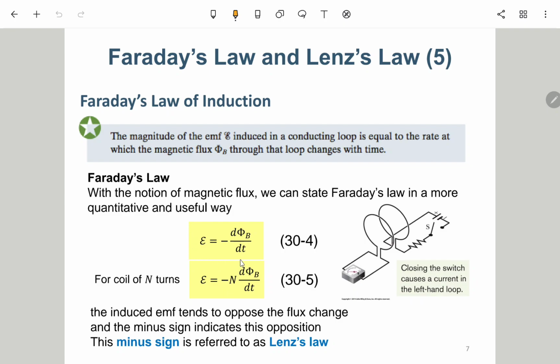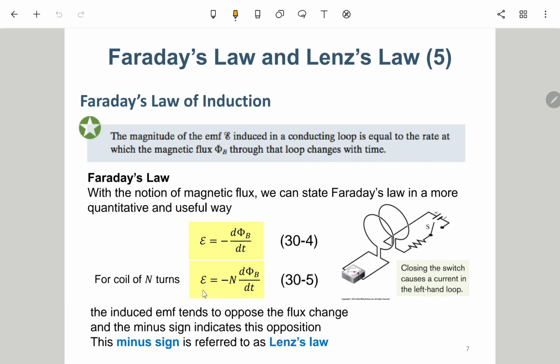The formula is simply like that: the induced EMF equals the negative of the derivative of the magnetic flux with respect to time. And if the coil has N turns, we just multiply it by N, the number of turns. So this is a form of Faraday's law.